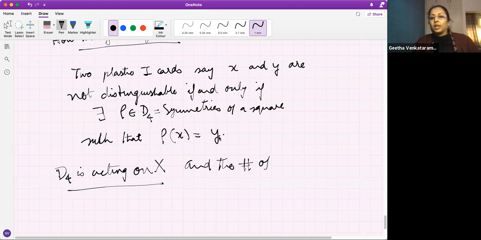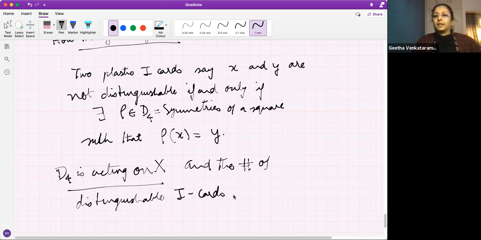So 2 things are not distinguishable if they belong to the same orbit. So how many distinguishable cards? As many as there are orbits. So the number of distinguishable I-cards is the same as the number of orbits.